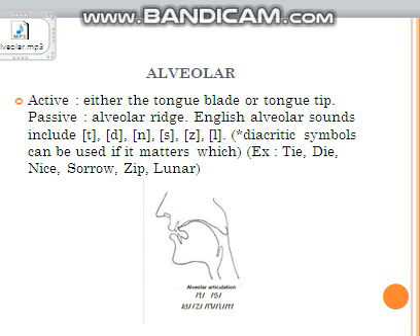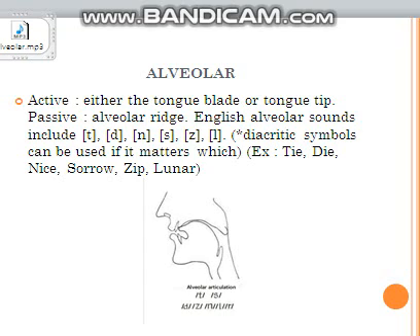The passive one is the alveolar ridge, which is slightly deeper than your gum. Gum and alveolar ridge are different. You can see it on Google images. English alveolar sounds include t, d, n, s, z, and l. For example, tie, die, nice, sorrow, zip, and lunar.